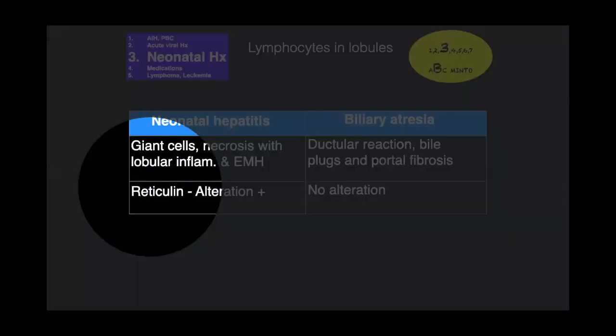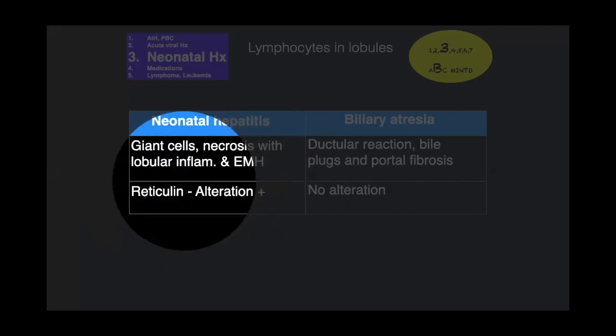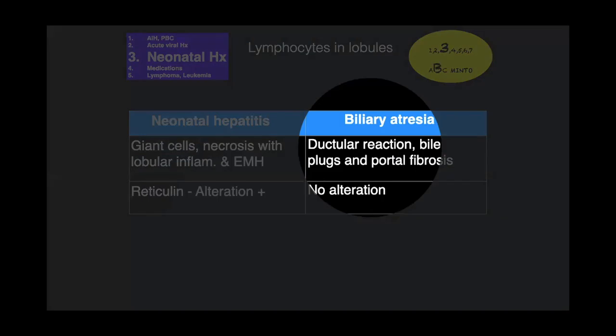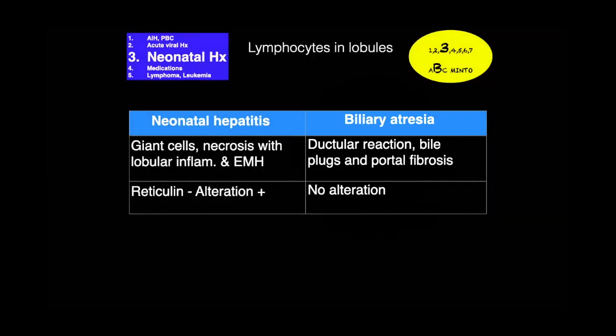And reticulin stain will show alterations. I will show a picture. Whereas in biliary atresia, what is happening? There is atresia of the biliary structure either in the liver or outside the liver. So it is more like a radiological diagnosis, because when you do radiology, you may see the atretic biliary tree.